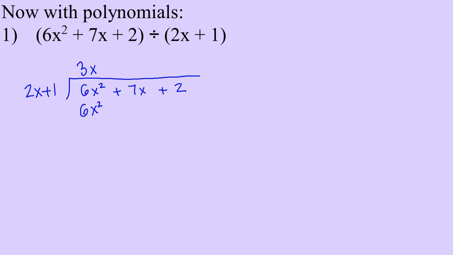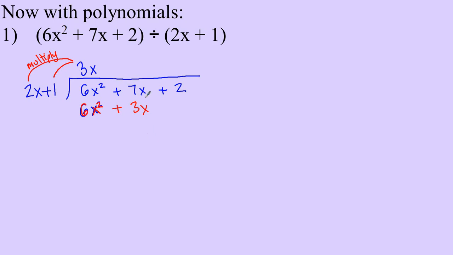If we multiply this, we're going to get 6x squared, which is the same term as what we had up here. That was our goal. Well, if we multiply the 2x, we also have to multiply the other term, so the 1. So 3x times 1 gets us plus 3x.